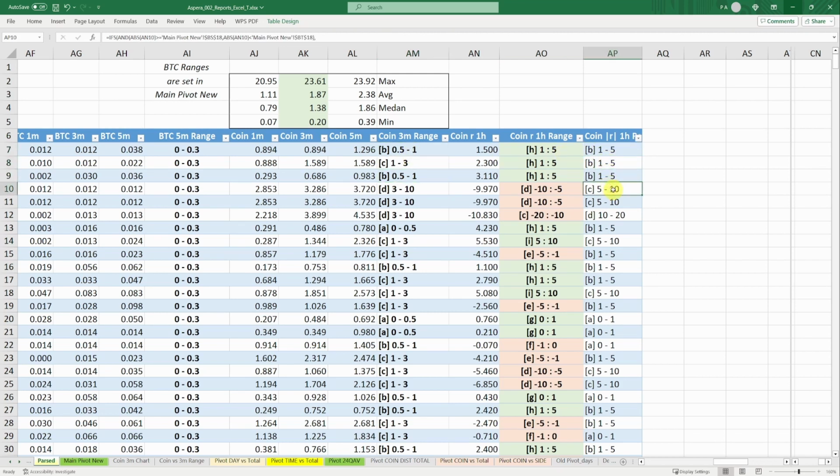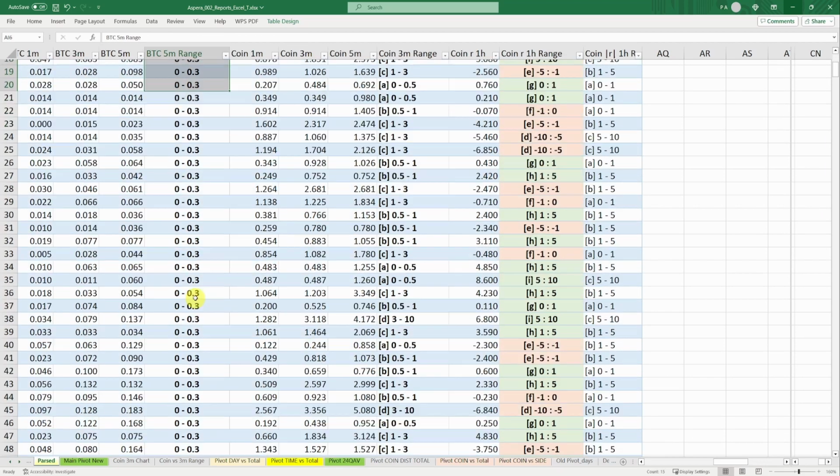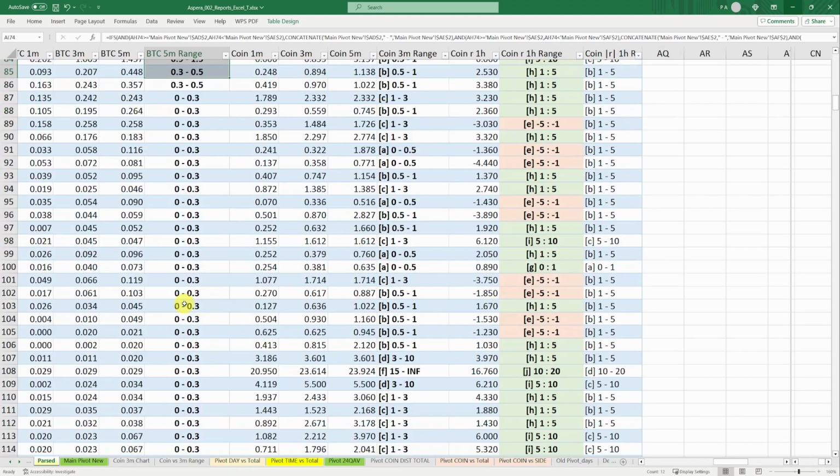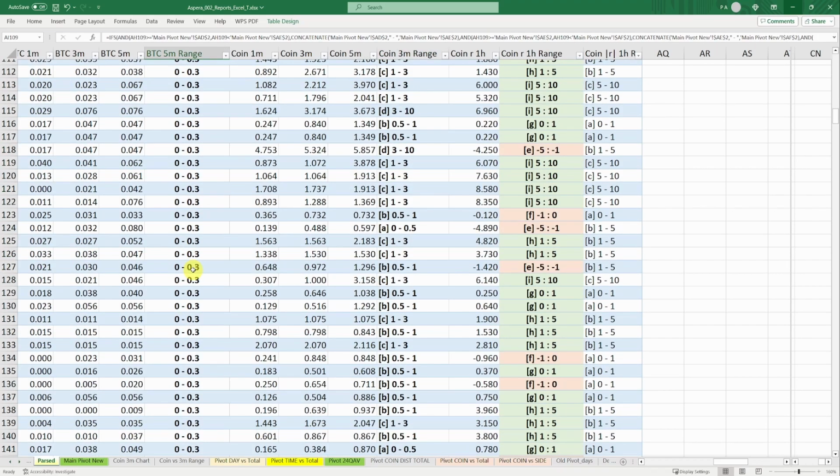Now, next, an underlying assumption is that the coin volatility is somewhat tied to BTC volatility, although this is not the only factor. So, naturally, I went to look for what the BTC volatility was in that period.